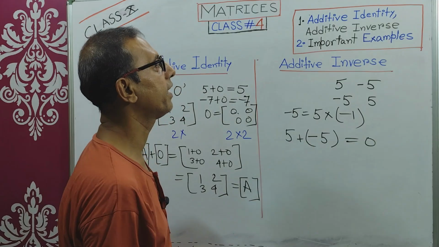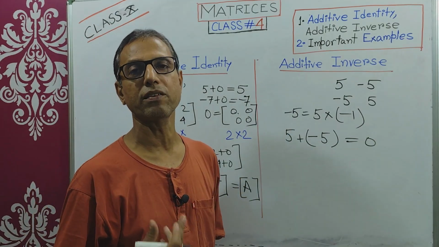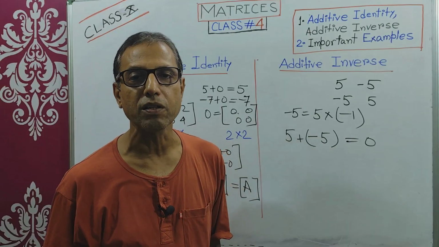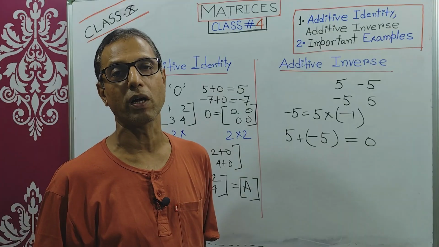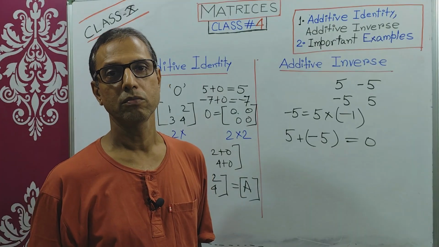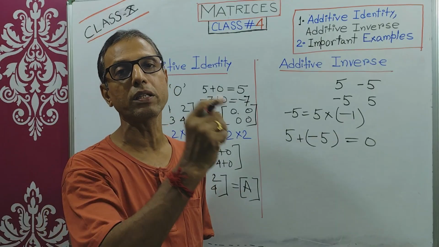The same thing applies in matrices also. If you are asked to find the additive inverse of a given matrix, you need to multiply that matrix by the scalar value minus 1. That means you multiply all the elements of that matrix by minus 1.